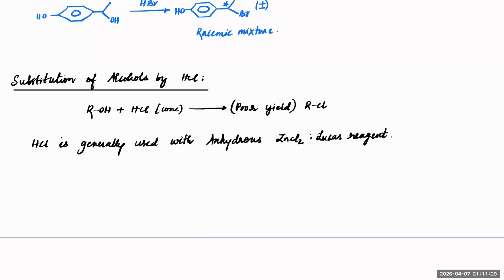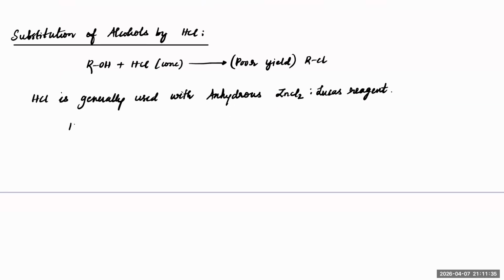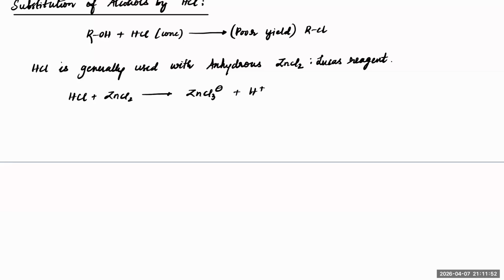Here HCl plus ZnCl2 react to form ZnCl3 minus, and H plus is released. So ZnCl2 increases the H plus ion concentration.